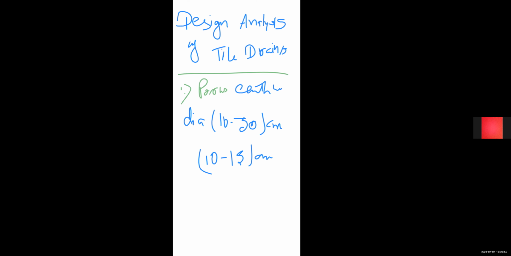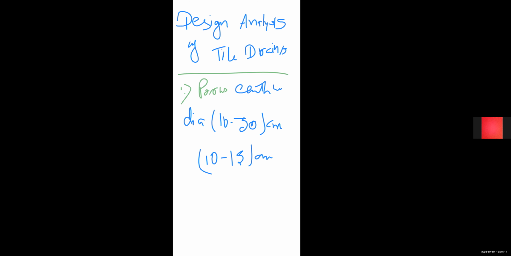So these are laid on a longitudinal slope varying from 0.05 to 3%, and the closed drains are generally spaced at such a distance as to lower the water table level sufficiently below the root zone of the plant.